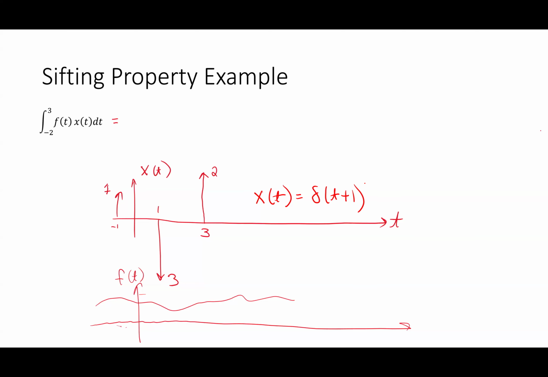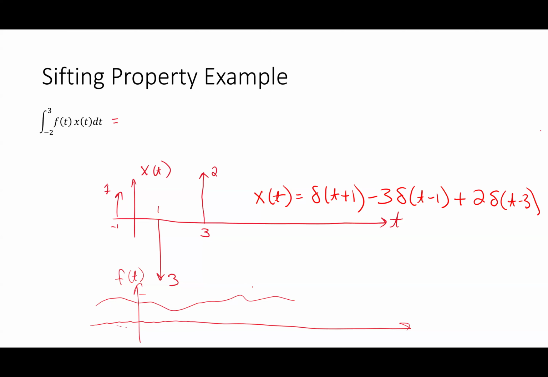So what would I do with that? Negative 3 delta of t minus 1. And then here: plus 2 delta of t minus 3.